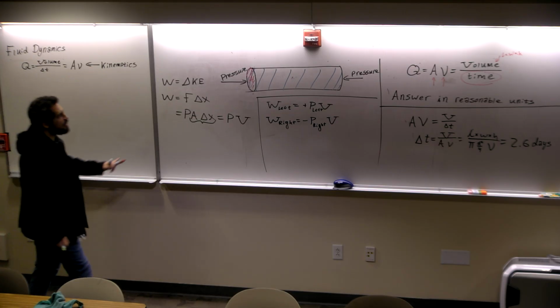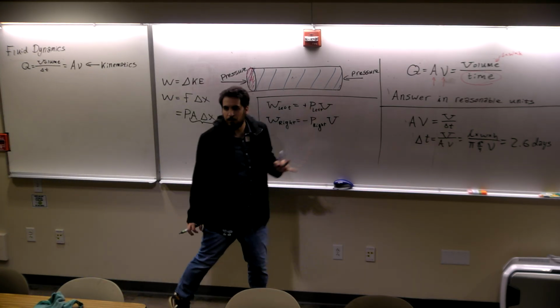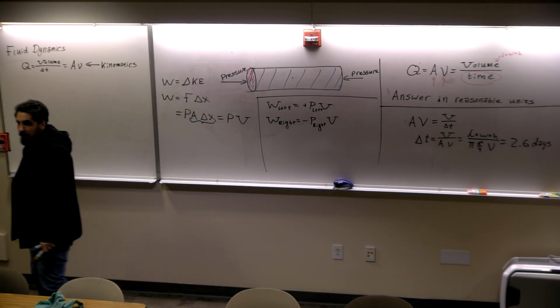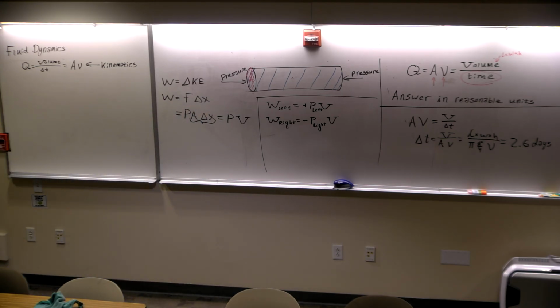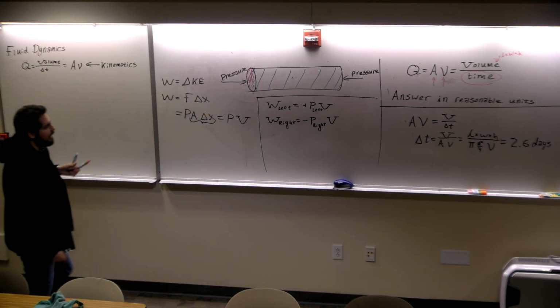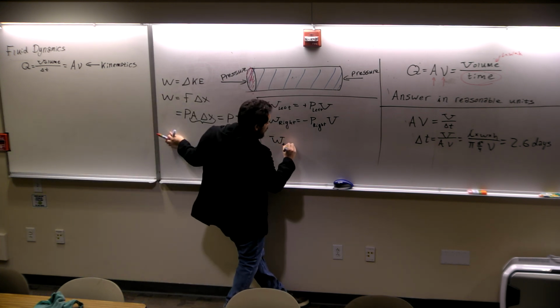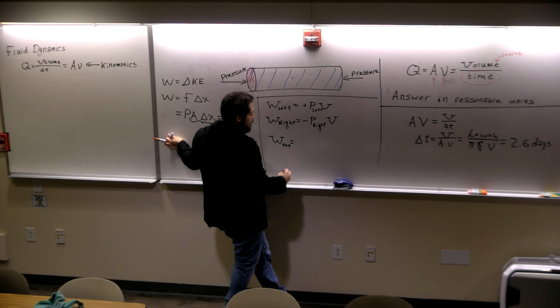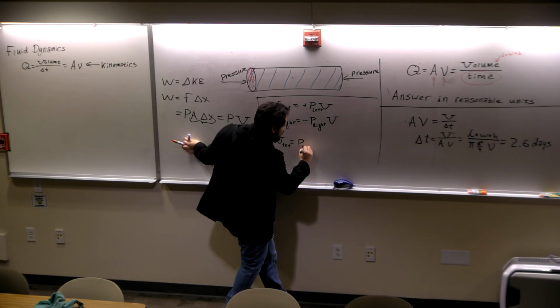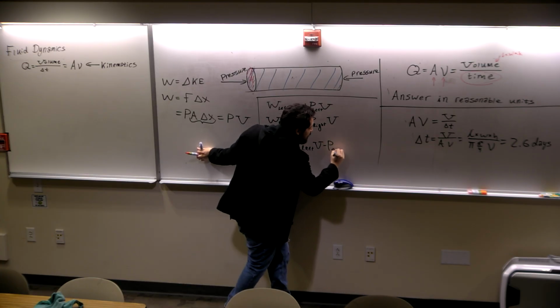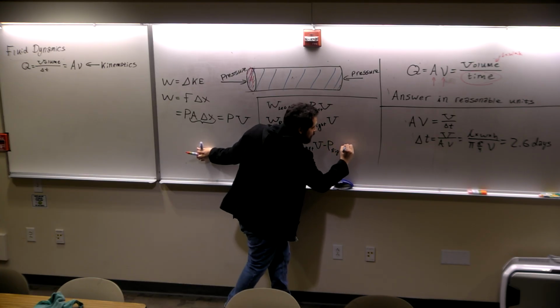Again, you need some pressure difference between the two to get fluid to flow. So P left and P right are going to be different values. And we combine these two, like we did when we were looking at multiple forces acting on an object. We combine these to give us the total amount of work. The total amount of work being the combination: P left times volume minus P right times volume.